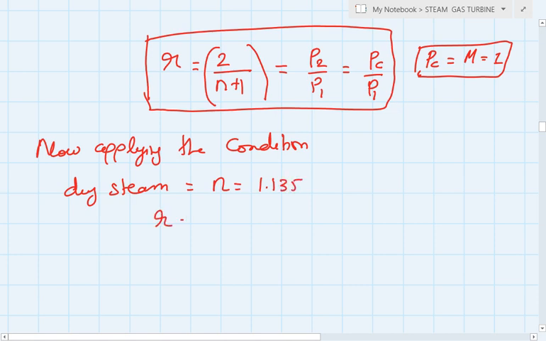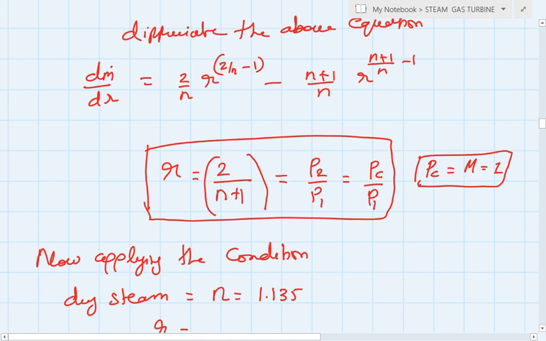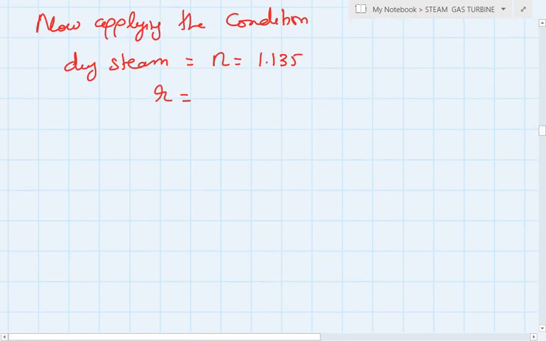If I substitute this value, 2 divided by n plus 1 to the power of n divided by n minus 1, I will get the value of R as 0.577 for dry steam.